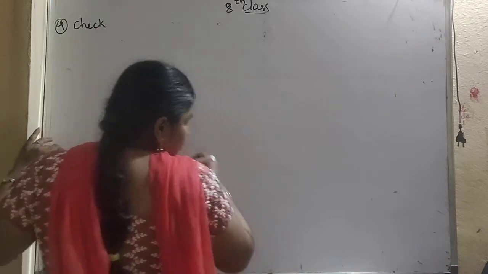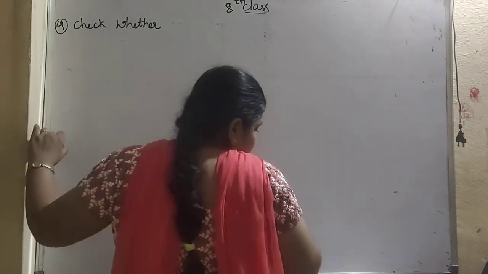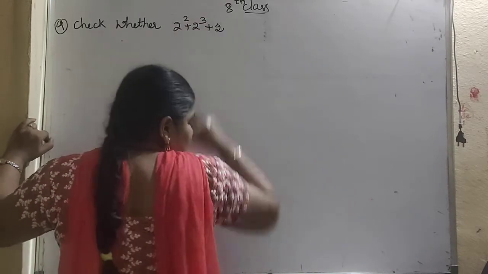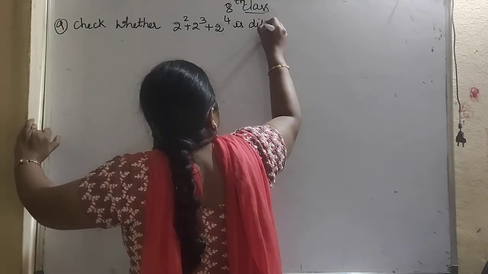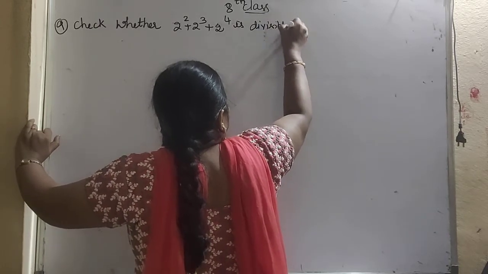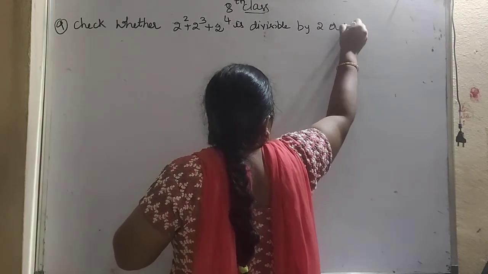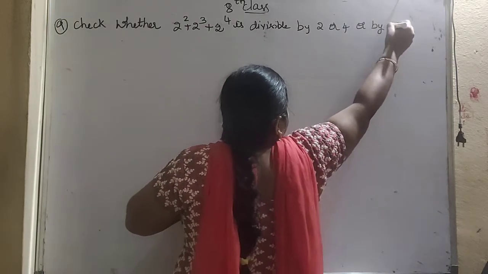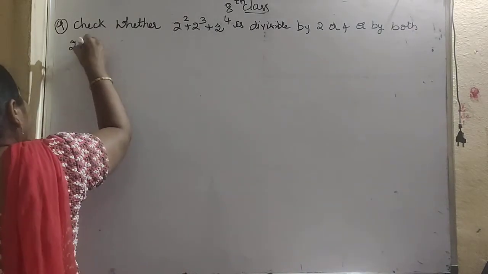Check whether 2 power 2 plus 2 power 3 plus 2 power 4 is divisible by 2 or 4 or by both 2 and 4.